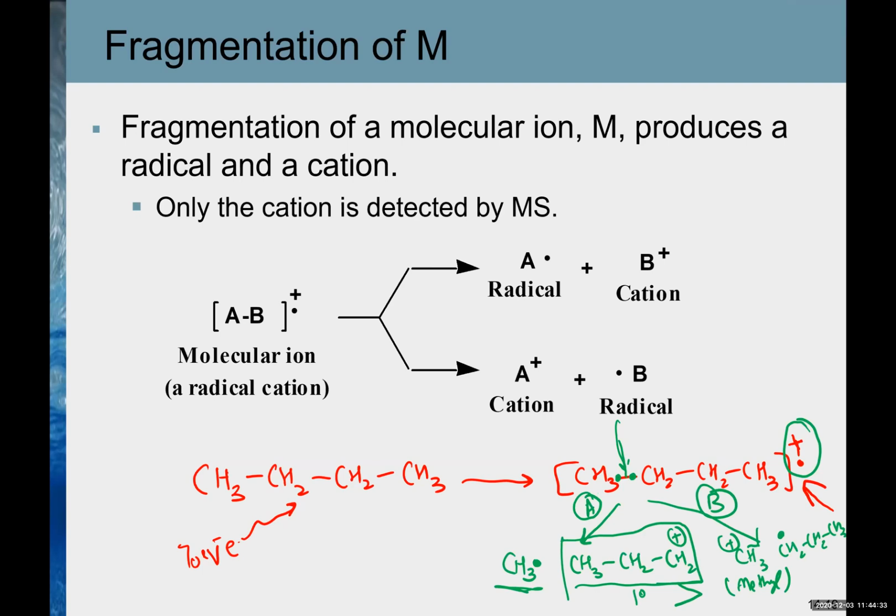Okay, so that's one concept. Now the others can also break, and then you can figure out which will form the carbocation and where the radical will be. In this case, A is the likely option. I'm going to erase the B option.